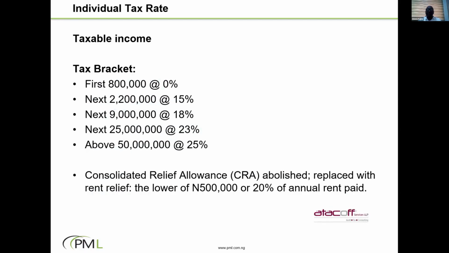And your rent relief allowance is the lower of 500,000 or 20% of annual rent paid, which means the maximum amount you can claim is 500,000. If you pay a rent of 5 million, for example, 20% is 1 million. You cannot claim 1 million because you can only claim the lower of the two. So that is one of the things you are allowed to deduct against your taxable income.